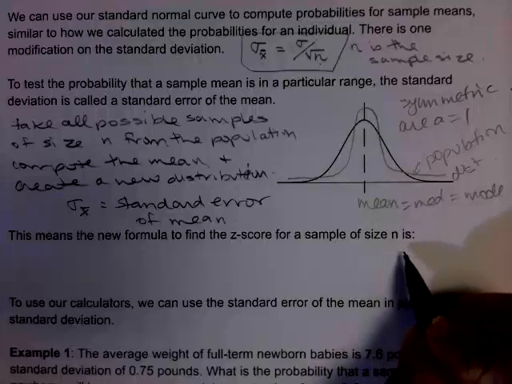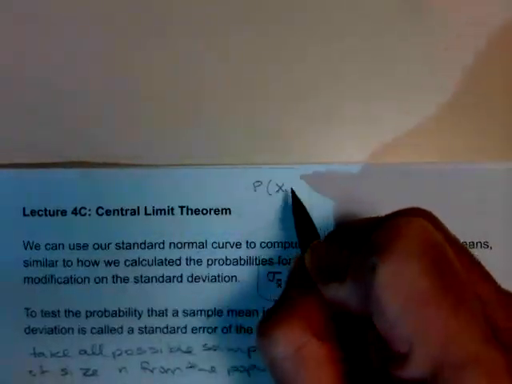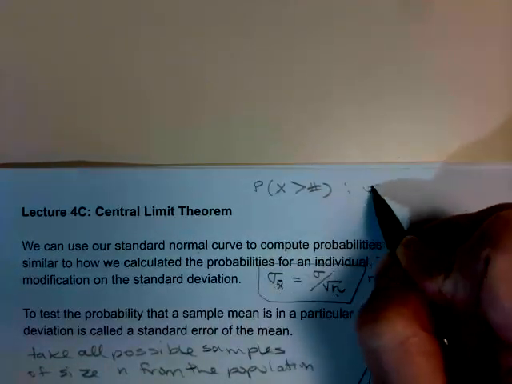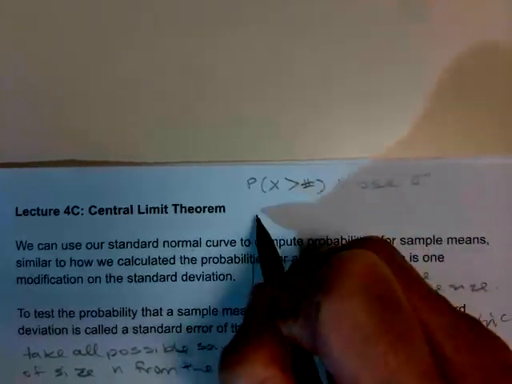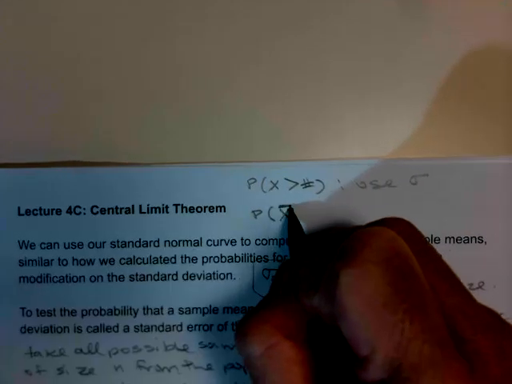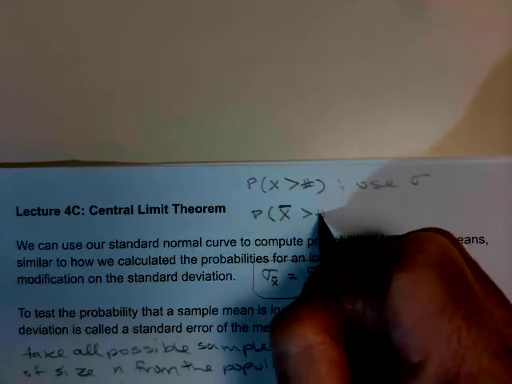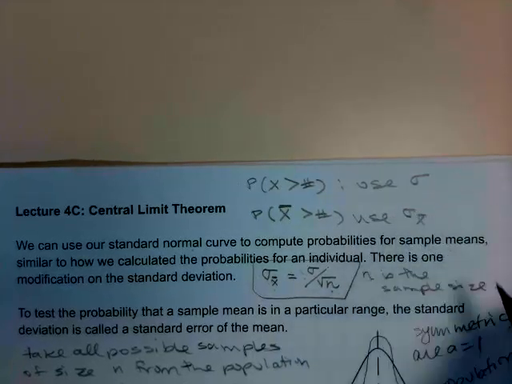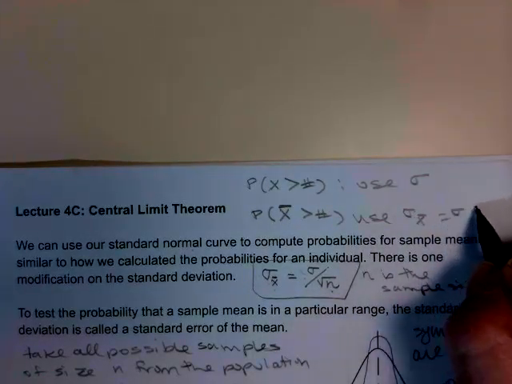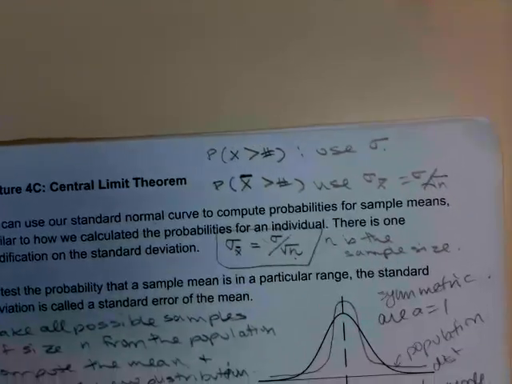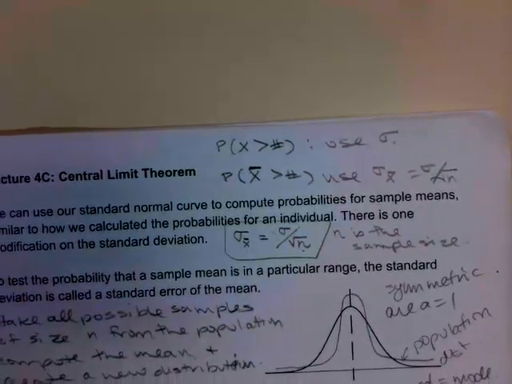So the probability for an individual being less than some value, use sigma. If we're asked the probability of a mean being greater than some value, we use sigma sub x bar. So we take that sigma from the population and divide it by the square root of the sample size, square root of n. Okay.